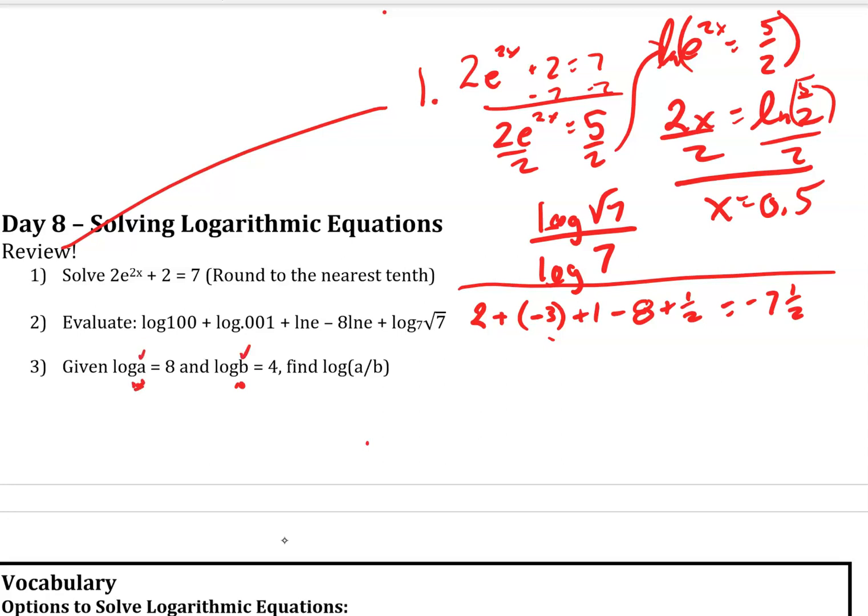The first part is actually saying 10 to the 8th power equals a. So log of a equals 8 means 10 to the 8th power equals a. And then log of b equals 4, so 10 to the 4th equals b.